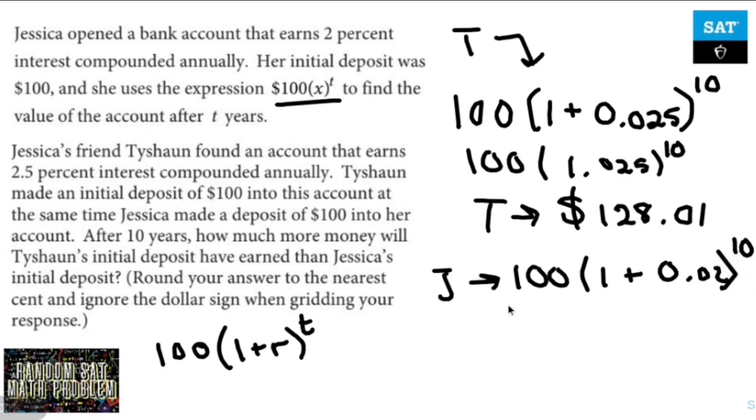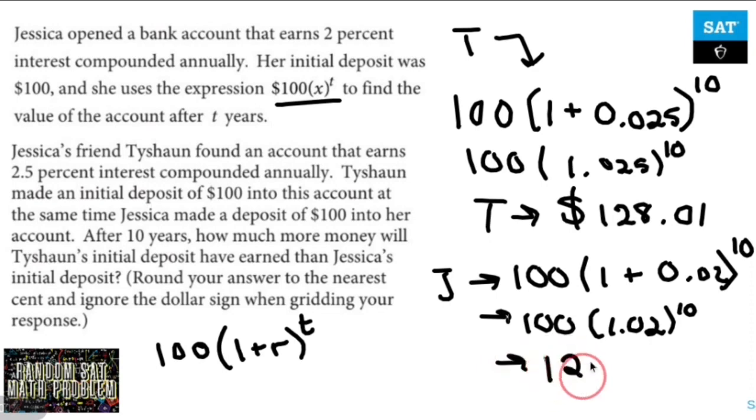That simplifies to 100 times 1.02 to the 10th power. A little bit of calculator trickery, and Jessica ends up being $121.89. Actually, it's 0.899, so we will round this to 90 cents.